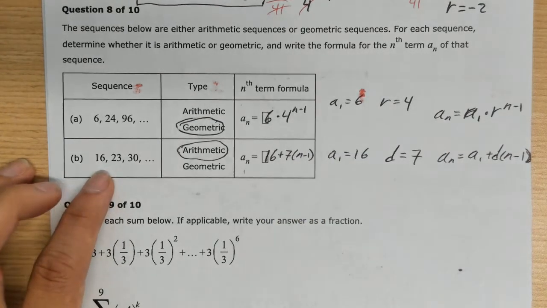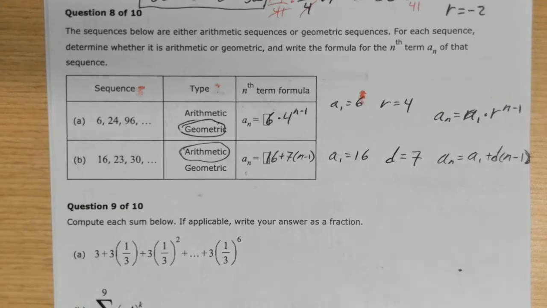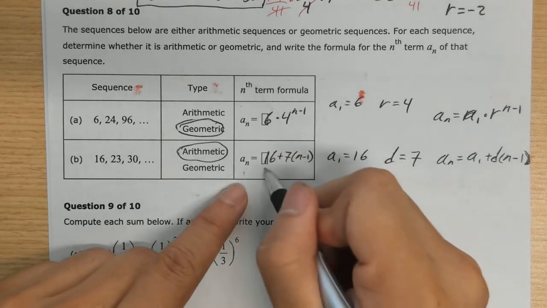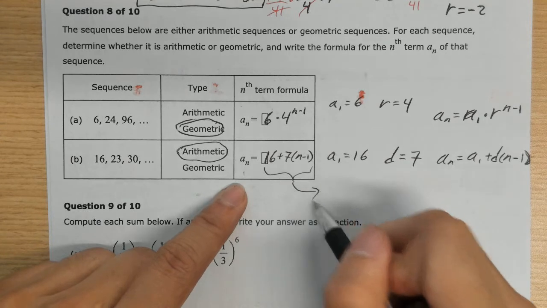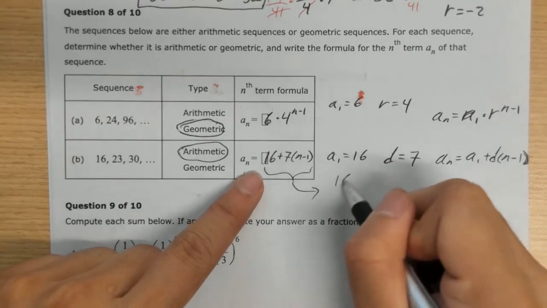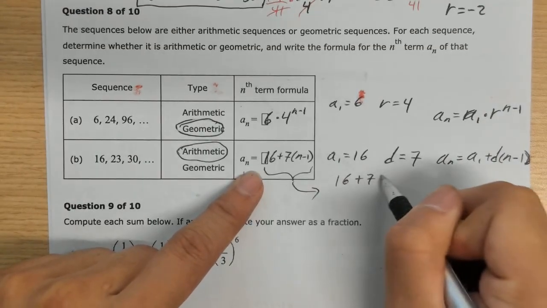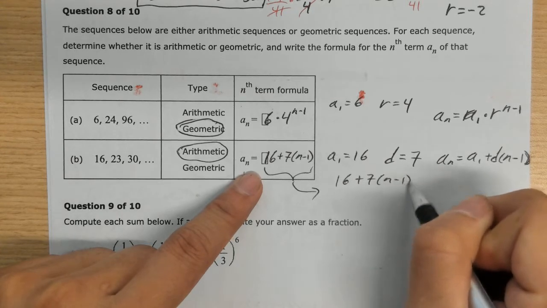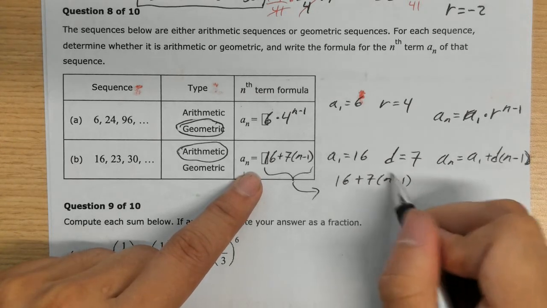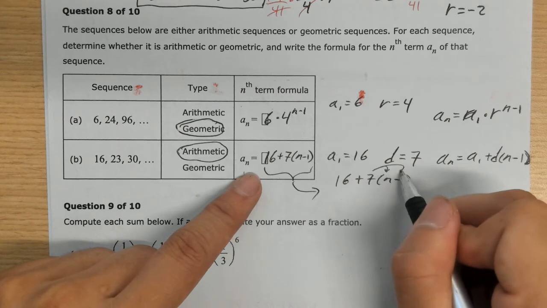Remember, you can always simplify this. Let me do the simplified version over here. Let me rewrite it: 16 plus 7 times n minus 1. Distribute the 7 to both terms.